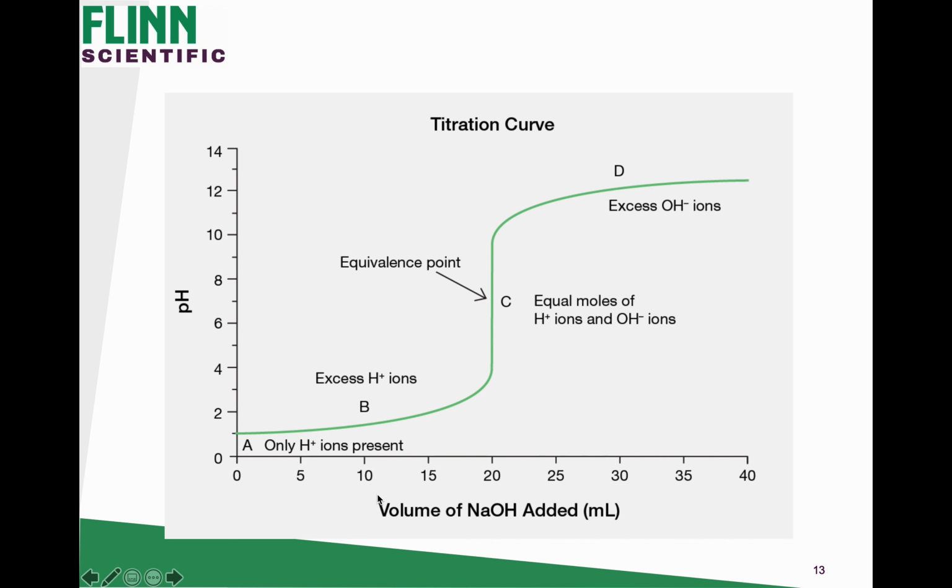And as we keep adding sodium hydroxide, we see that the pH increases until we hit 20 mL, or right around 20 mL, which makes sense. If you go back to your data, you will see that the amount of sodium hydroxide added was just a little bit less than 20 in one trial and just a little bit more than 20 in the other trial. So it makes sense that we see our equivalence point happening at the 20 mL mark for the sodium hydroxide.